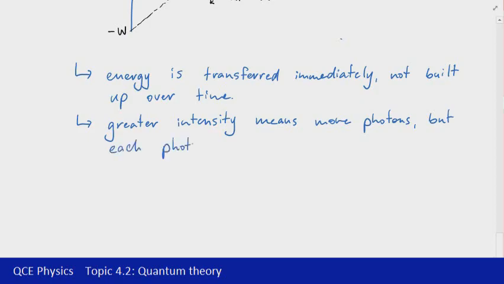So when we have a greater intensity, that means that the maximum kinetic energy of the ejected electrons won't increase. It just means that there will be more electrons because more photons are bombarding the surface. So there's a summary of the photoelectric effect.